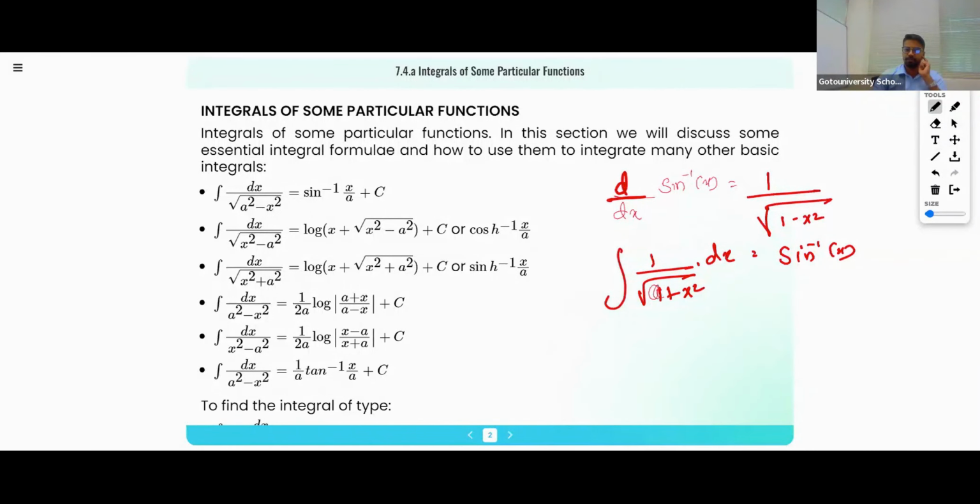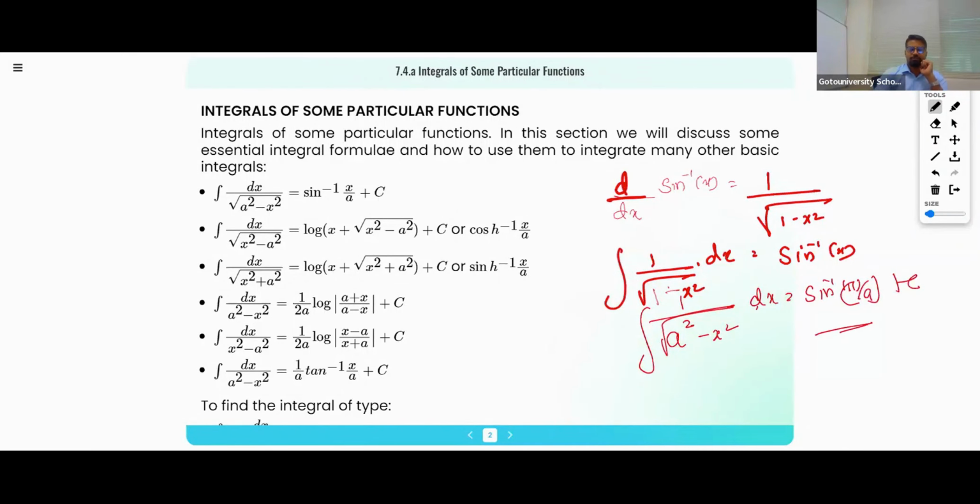So remember that it is a square minus x square. In the place of 1, if I have a square, this expression will become integral of 1 by root of a square minus x square dx, which is sine inverse of x by a plus a constant.